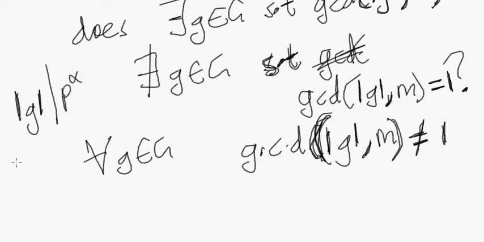And then from there, maybe try to establish that the order of g cannot be less than P to the alpha either. So let's see. Or at least find some element, let's say g_i, such that the order of g_i cannot be less than P to the alpha, and maybe g_i is also such that its order divides P to the alpha.